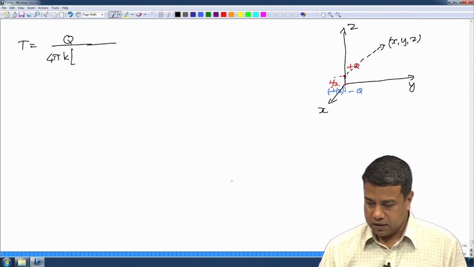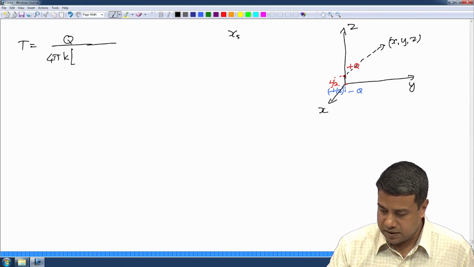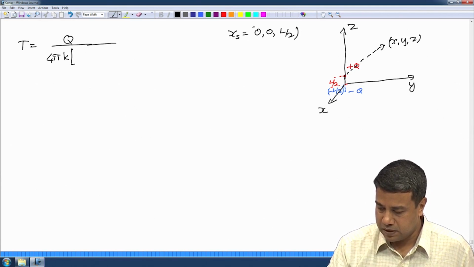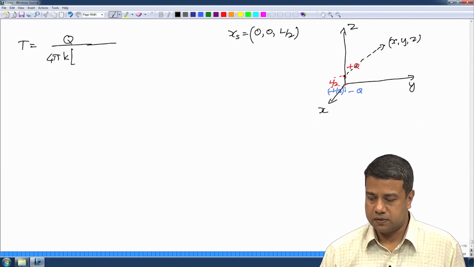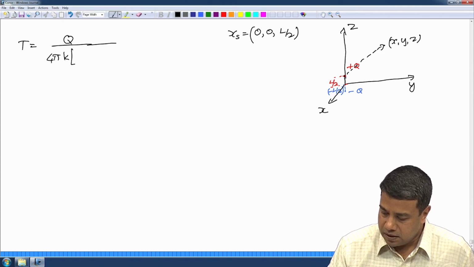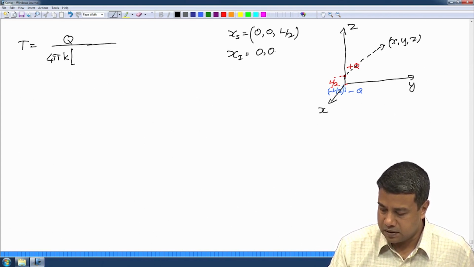The source location x_s is at 0, 0, L by 2. It's along the z axis, so the x and y coordinates are 0 and the z coordinate is plus L by 2. The image of the source is at 0, 0, minus L by 2, that is the sink.